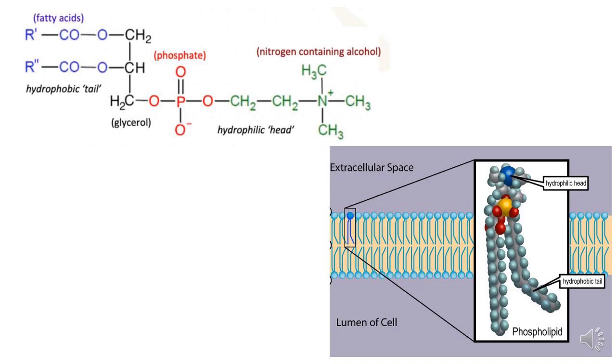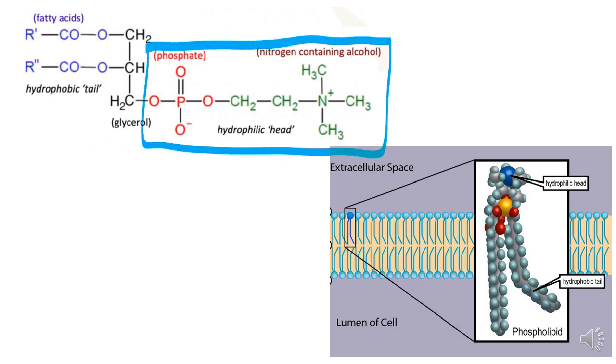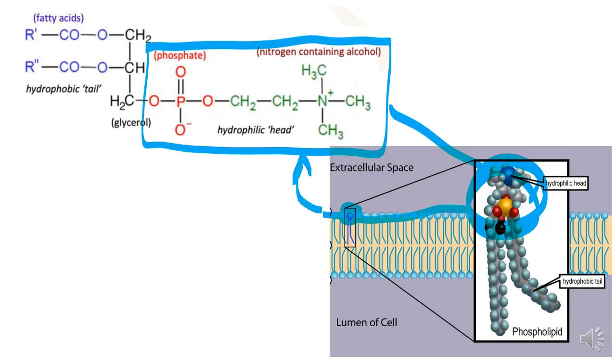So we have a polar end, which is this guy here, the same structure as these blue dots that we have here. That is hydrophilic, it loves water, and it is polar.